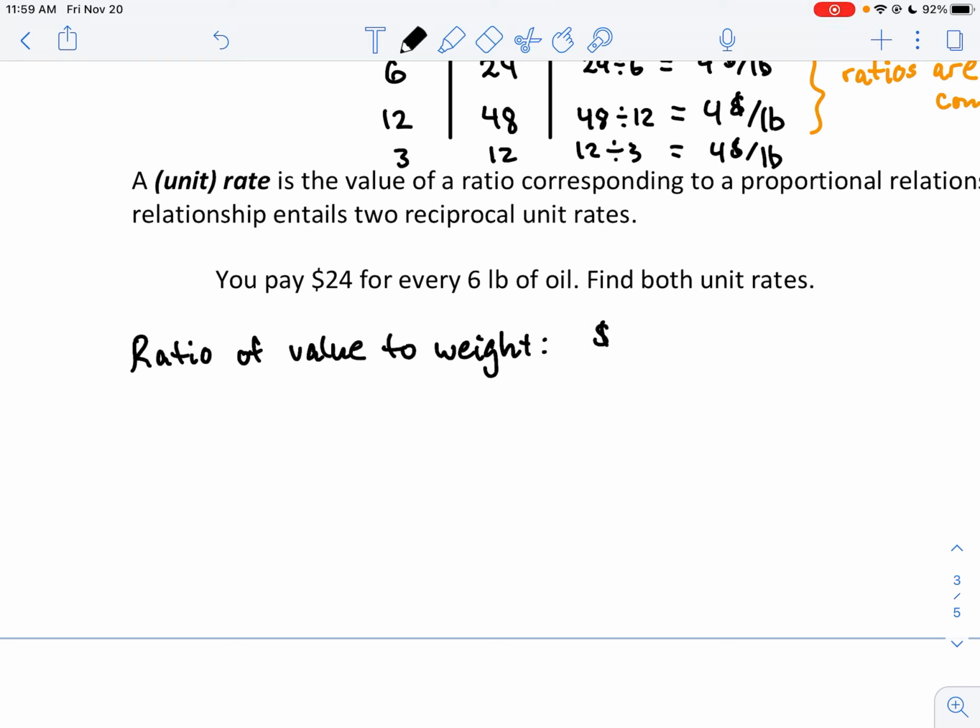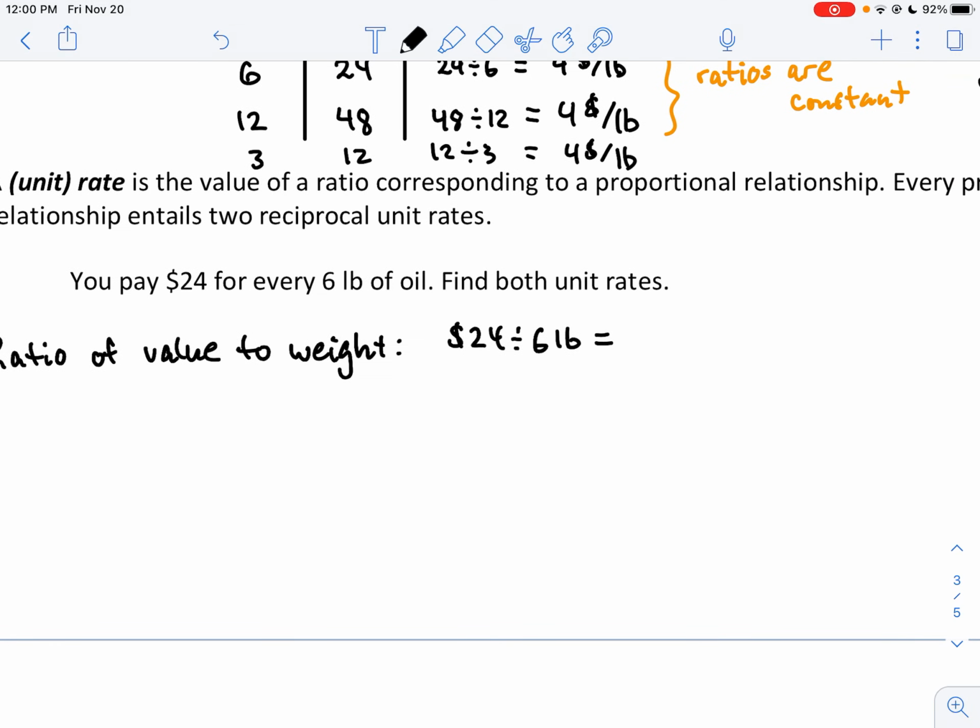That means we take the $24 value and divide it by the 6 pounds of weight. With a partitive conceptualization, we get the $4 per pound. Let me write it this way, $4 per pound.